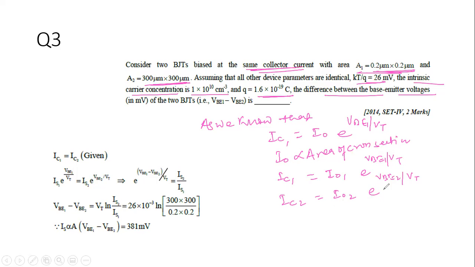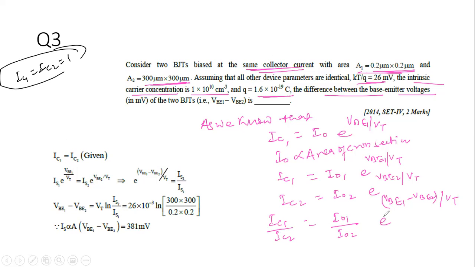Just divide IC1 by IC2: I01 upon I02 times e raised to the power (VBE1 minus VBE2) divided by VT. Now IC1 equals IC2, so this ratio is equal to 1.